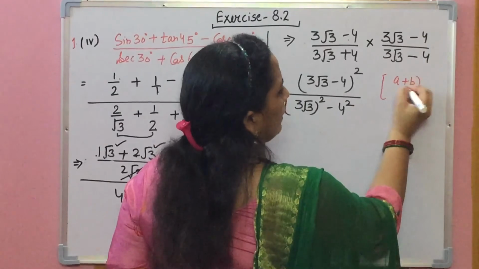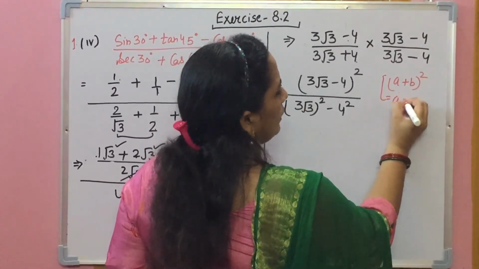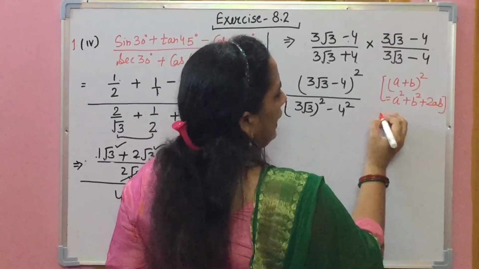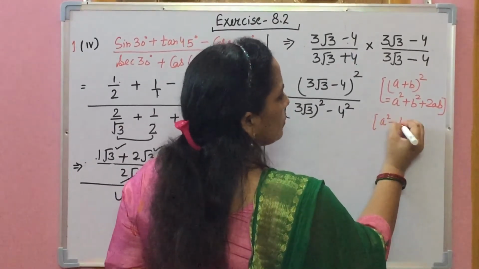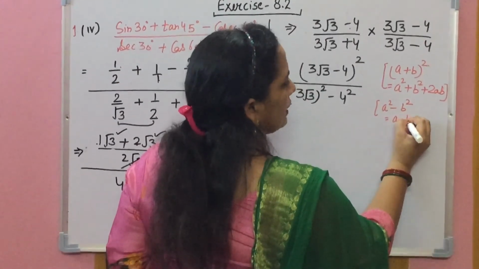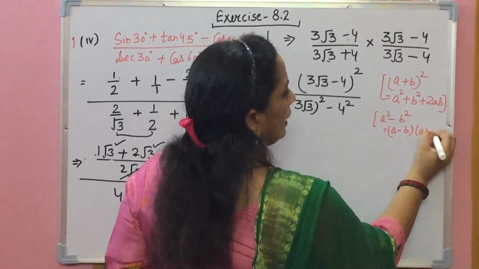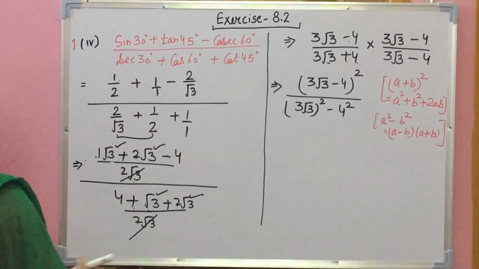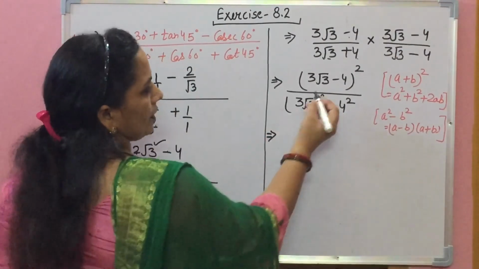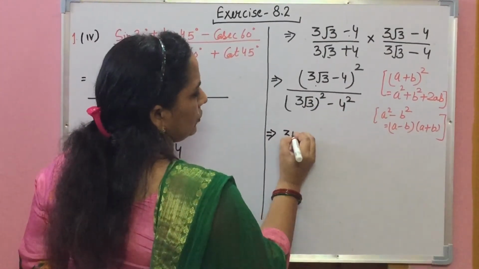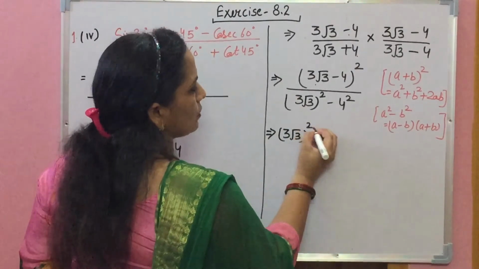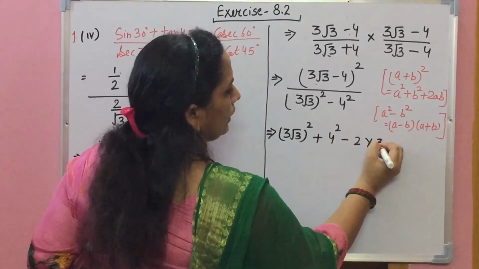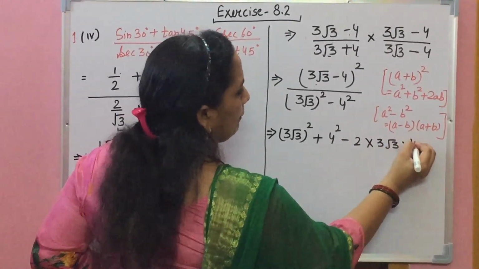So here we will use two identities which are a plus b whole square, which is equal to a square plus b square plus 2ab, and next one is a square minus b square, which is equal to a minus b and a plus b. तो यहाँ पे हम ये दो आइडेंटिटीज को यूज करेंगे. फर्स्ट है a स्क्वायर, 3 स्क्वायर रूट ऑफ 3 एंड स्क्वायर, प्लस b स्क्वायर माइनस 2a and b.